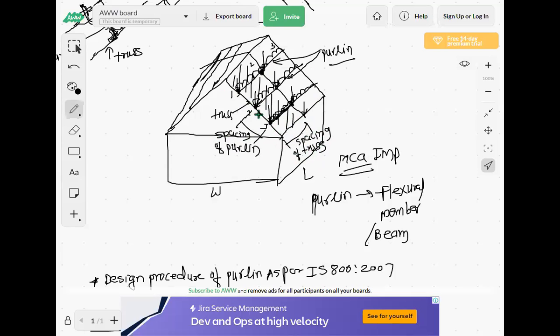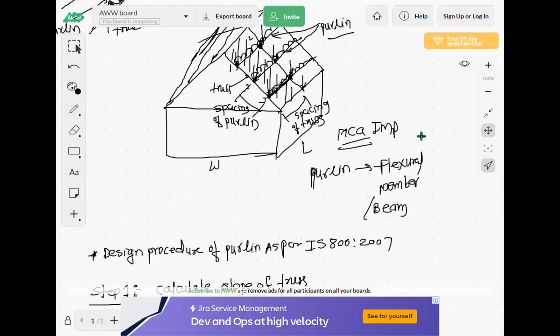Spacing of truss, this is the spacing of purlin. So show in this sketch, everyone please. So sketch is very important.